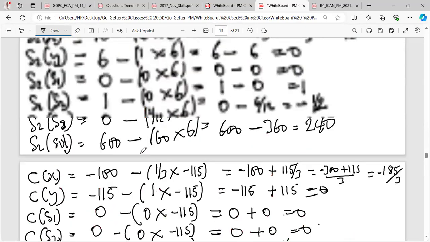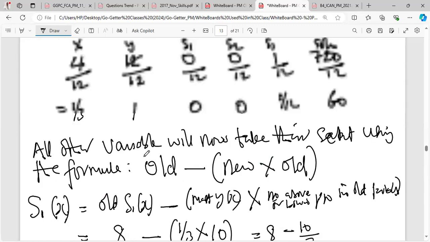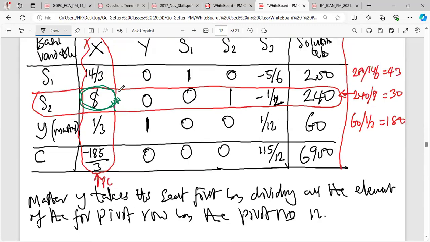We go to the immediate last table, which we just finished. 14 over 3, 0, 1, 0. Let's write that. 14 over 3, 0, 1, 0.